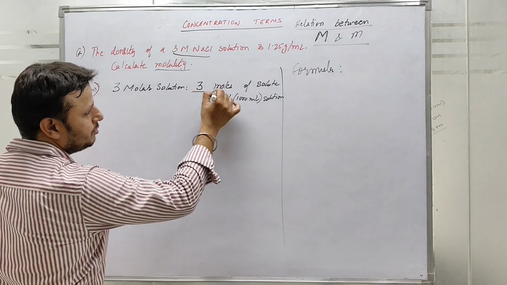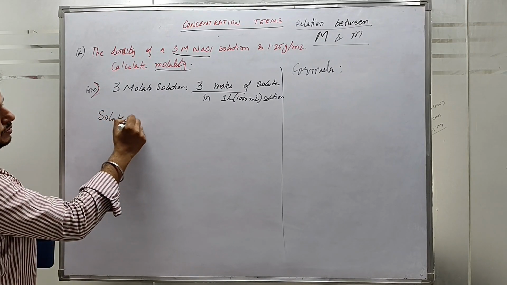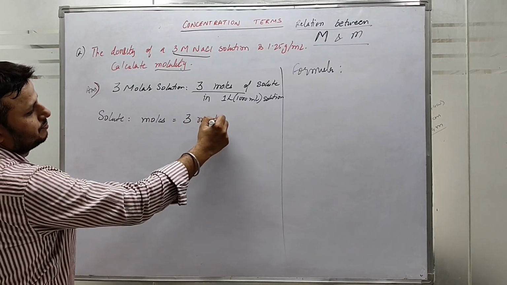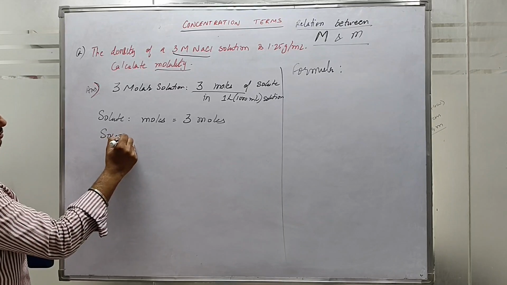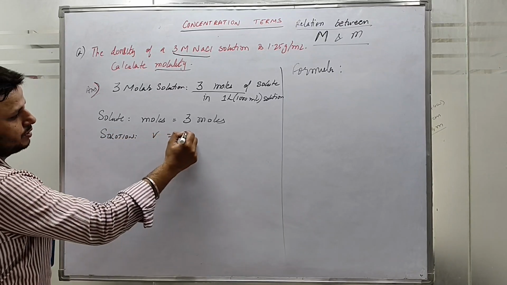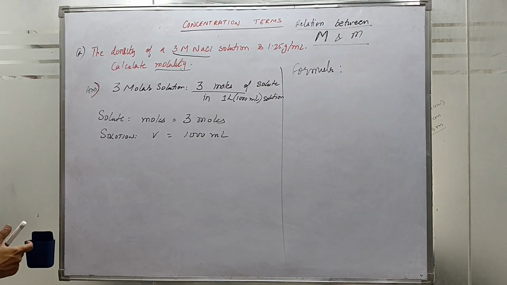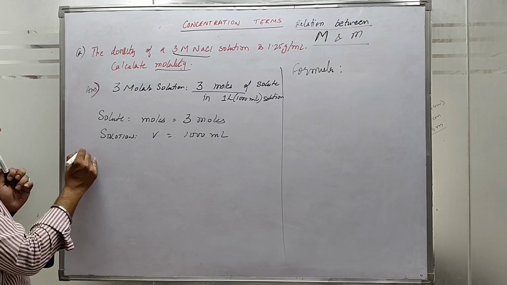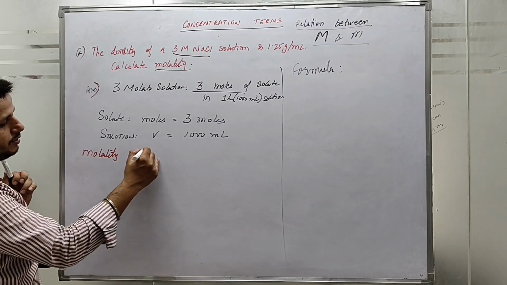From 3 molar we directly get moles of solute as 3, and volume of solution as 1000 ml. So what we have to find? We have to find molality. So what is molality?